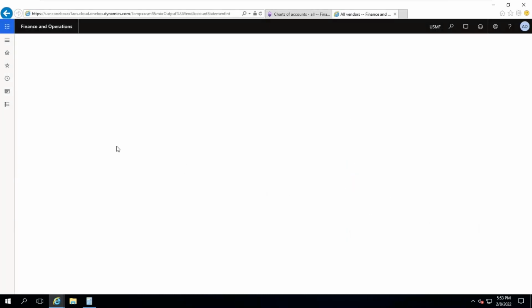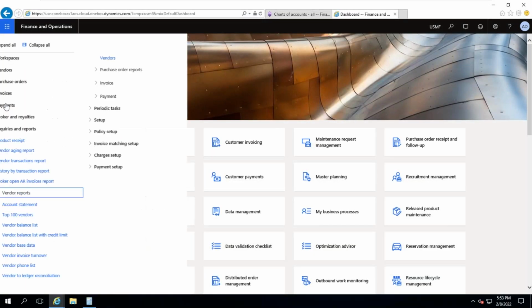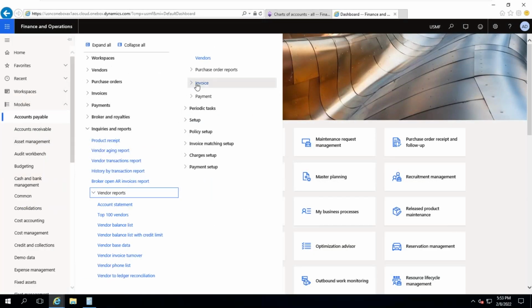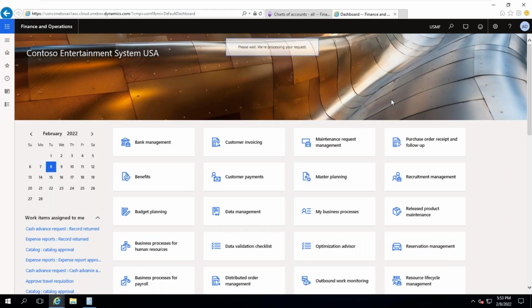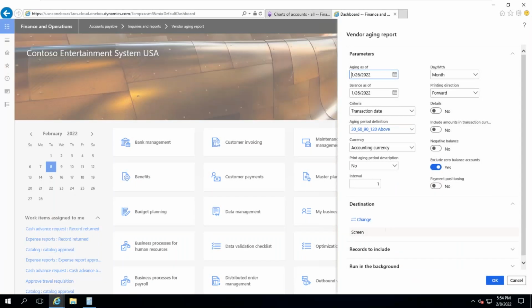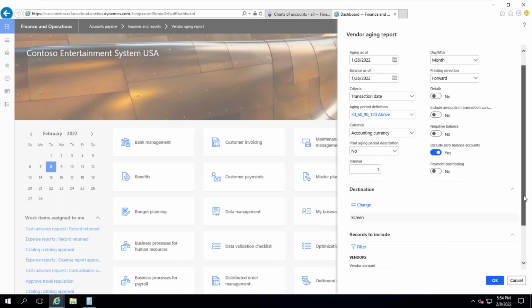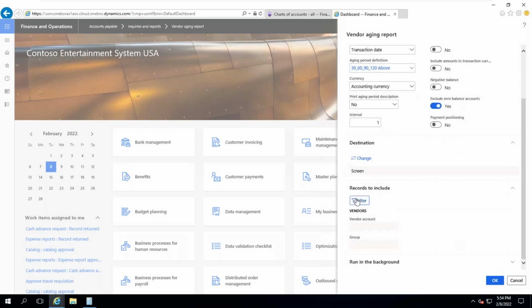if you go to the aging report, have I discussed the aging report in your batch, the vendor aging report? Yes. Okay. So while doing this vendor aging report, if you look at this one, go to records to include and click on filters.